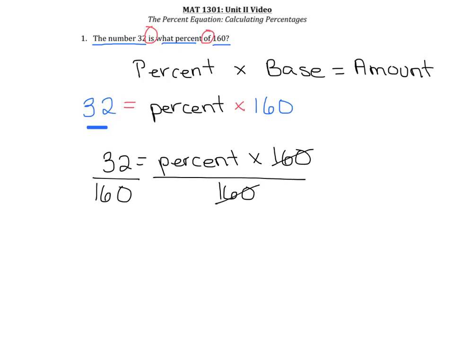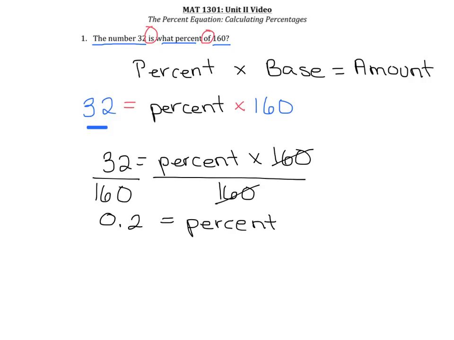The 160 cancel on the top and bottom, and I'm left with the percent equals 32 over 160. 32 divided by 160 is 0.2.